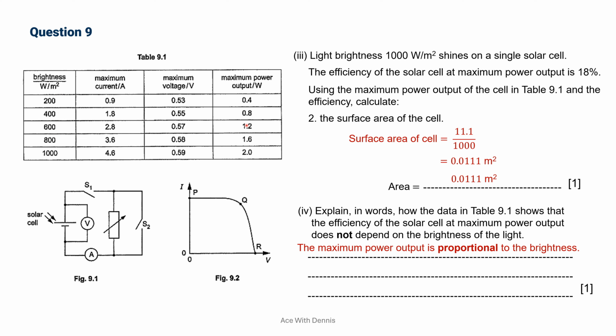So the efficiency of the solar cell will remain constant and does not depend on the brightness of the light. Remember, the formula of efficiency is power output divided by power input. So if power output is proportional to the power input, which is brightness in this case, then the efficiency will remain constant.